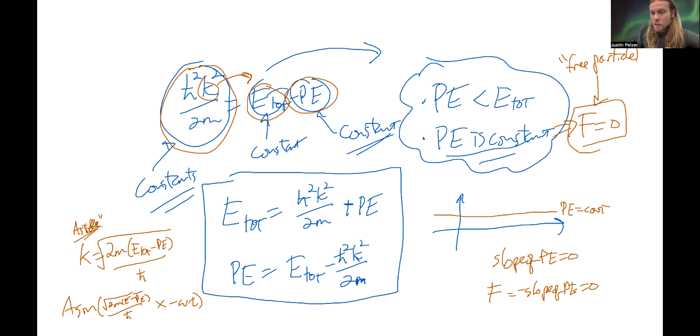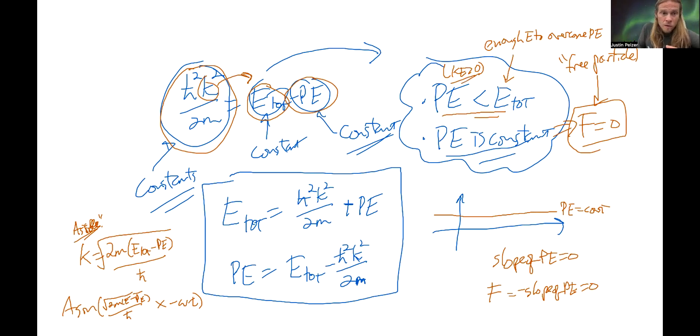This is the main point here. That if I have potential energy less than E total, which means I have enough energy to overcome PE, which also means that kinetic energy is positive. Great. This is the situation I have. Notice this all came from what?